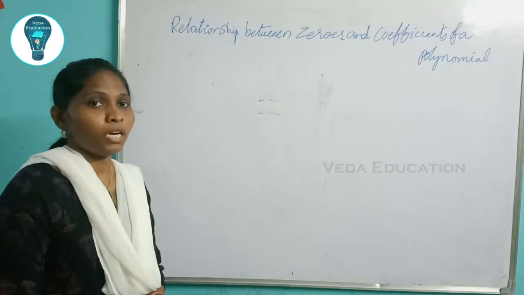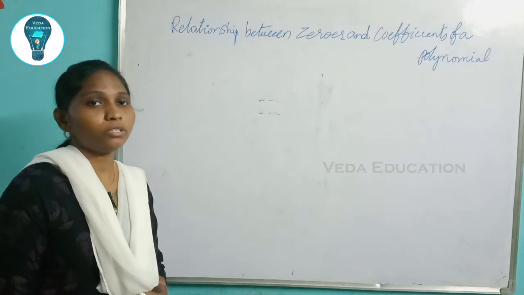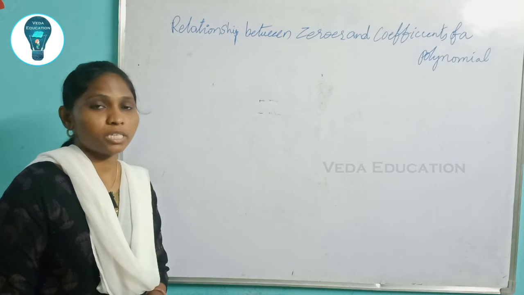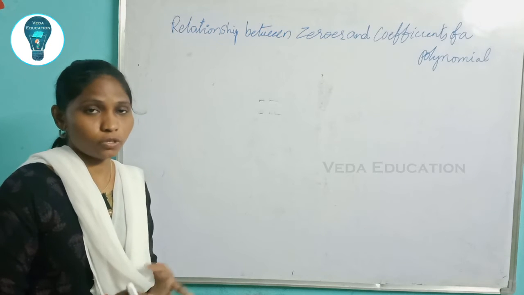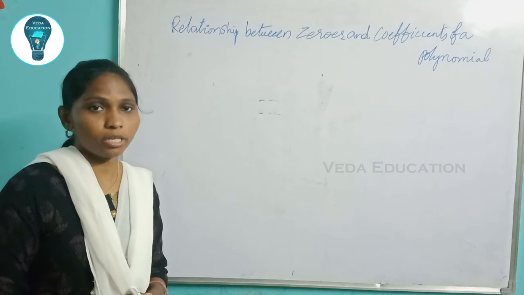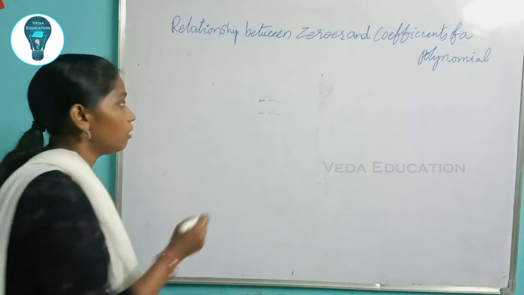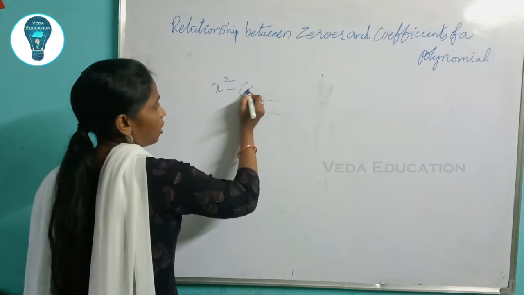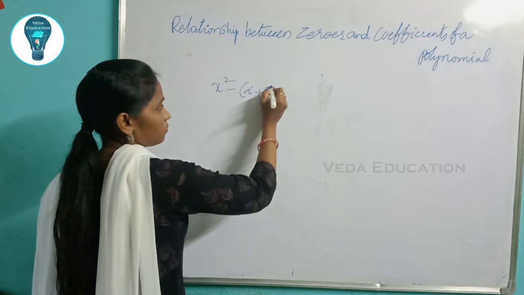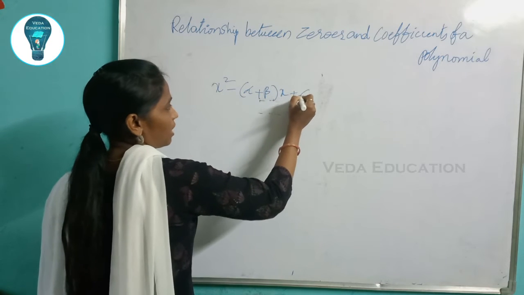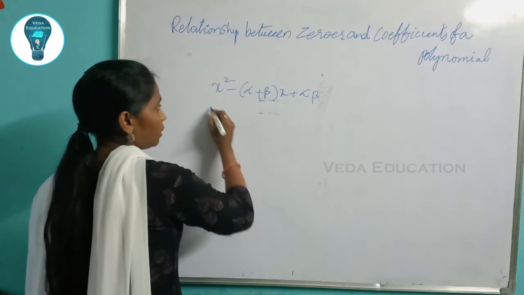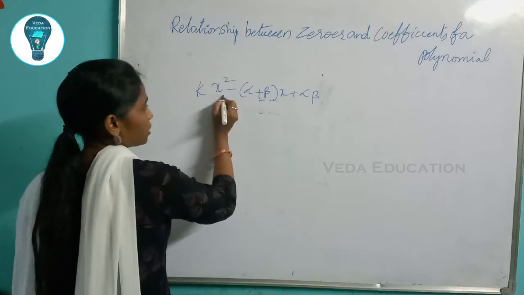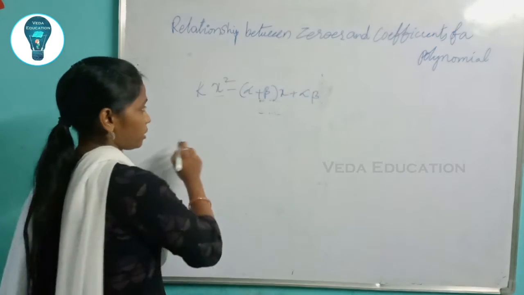Now, how do we write the quadratic polynomial if they give us the zeros, or the sum and product of zeros? For that we have a formula: k times x square minus alpha plus beta x plus alpha beta, where k is the x square coefficient, a non-zero constant.